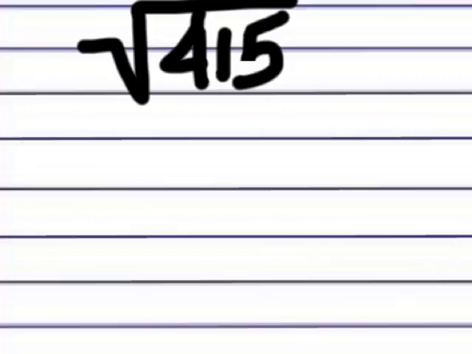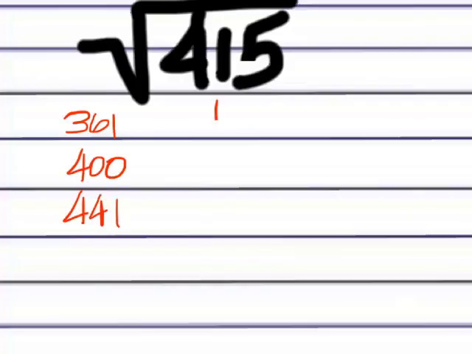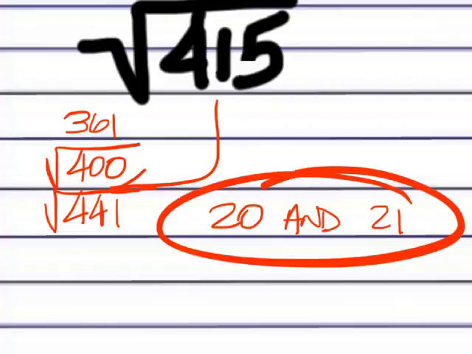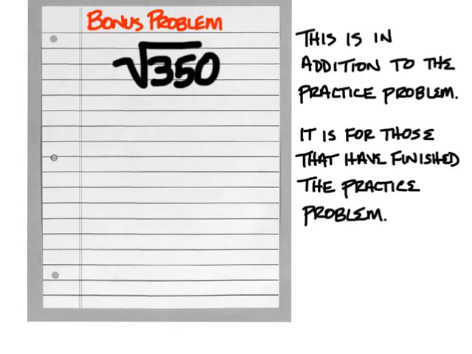The perfect squares that are around that would be 361, 400, 441. This one falls in right here. So the square root of this and this would give me 20 and 21. Everybody had this bonus right that brought it up.